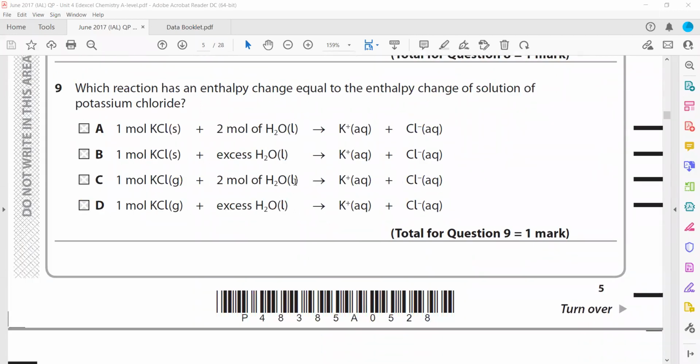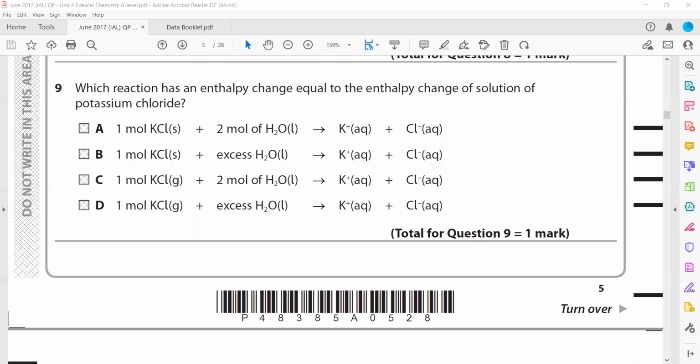Then which of the following has enthalpy change equal to enthalpy change of a solution? So enthalpy change of hydration is when ions in a gaseous state form dissolved aqueous ions. The lattice energy is when ions in the gaseous state form a compound.